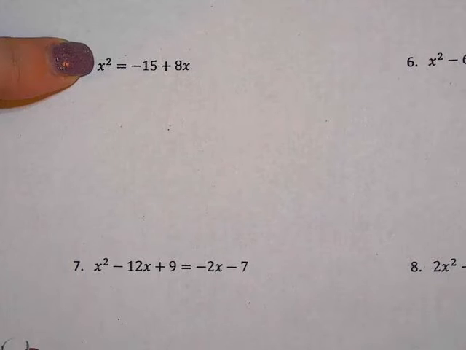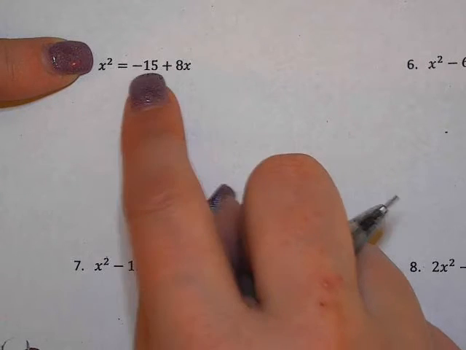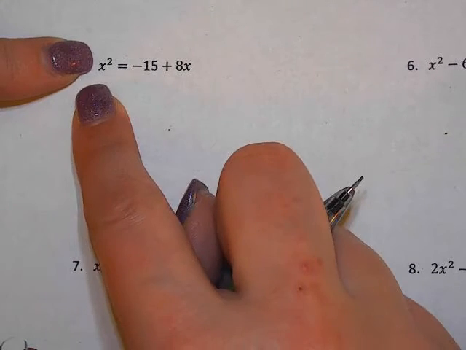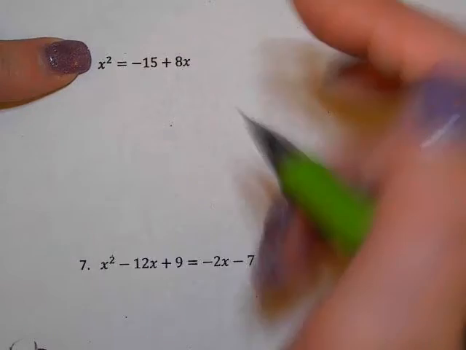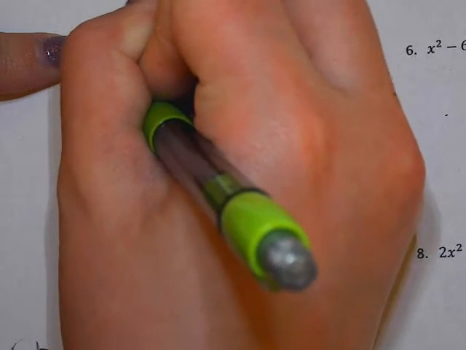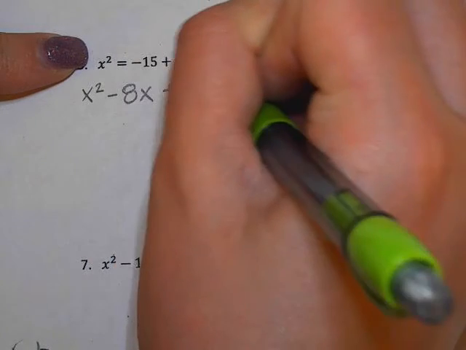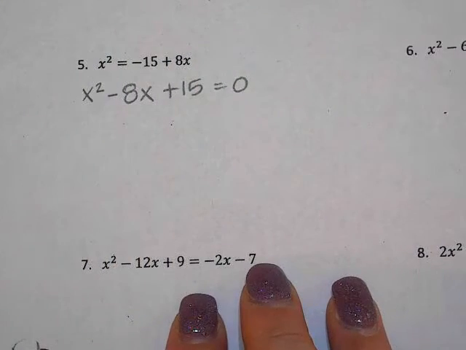To avoid that, because it makes the problem more difficult than is necessary. So instead of subtracting this over, we're going to take these two things and subtract them to the left side. So I'm going to say x squared, I'll subtract the 8x over, and I'll add the 15 over and make it equal 0. So again, making it equal 0 is my first step.